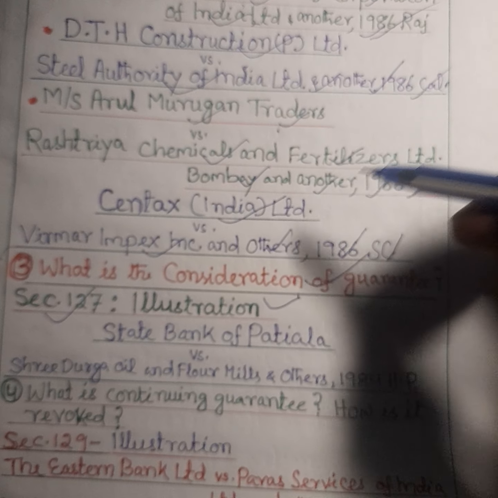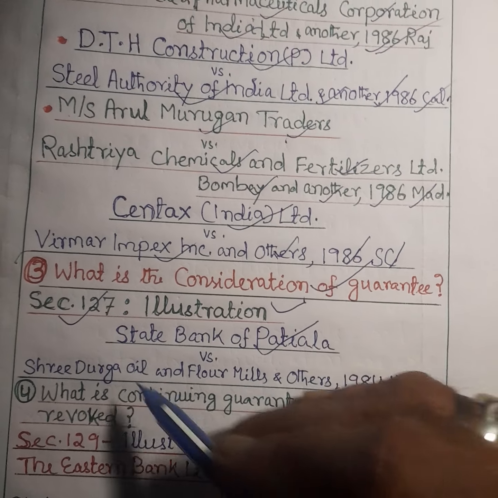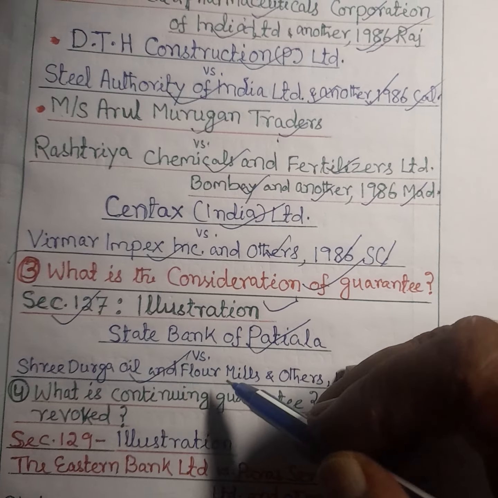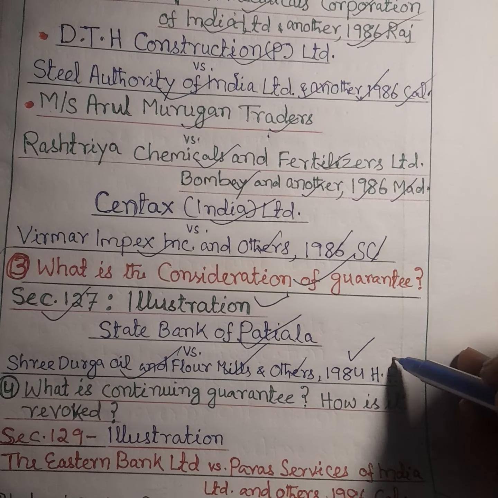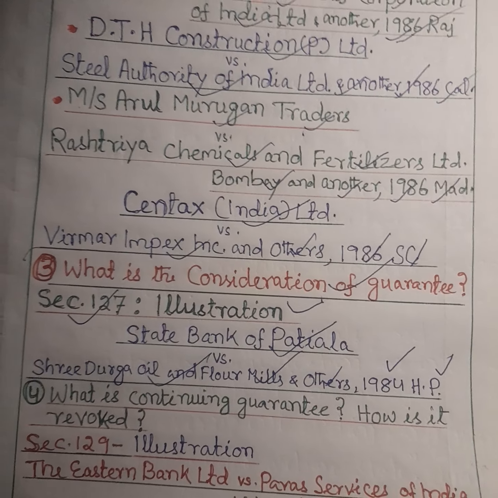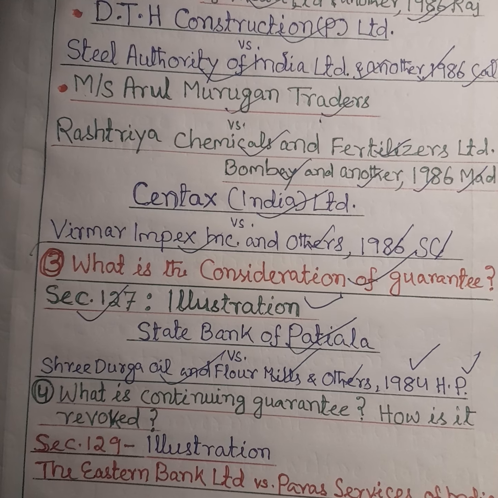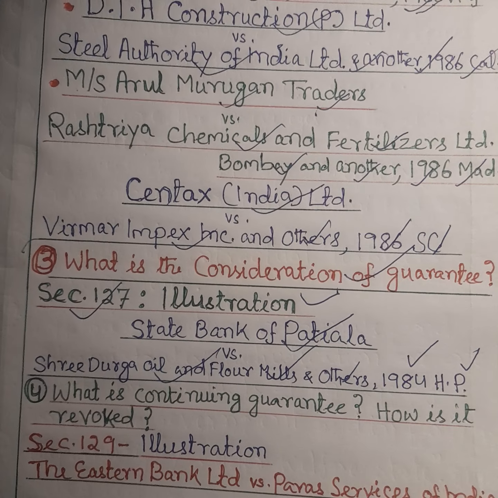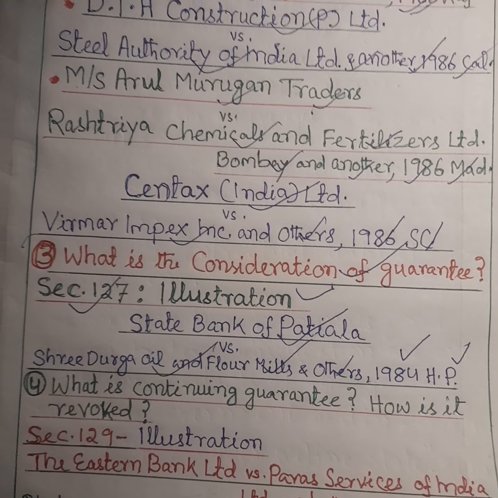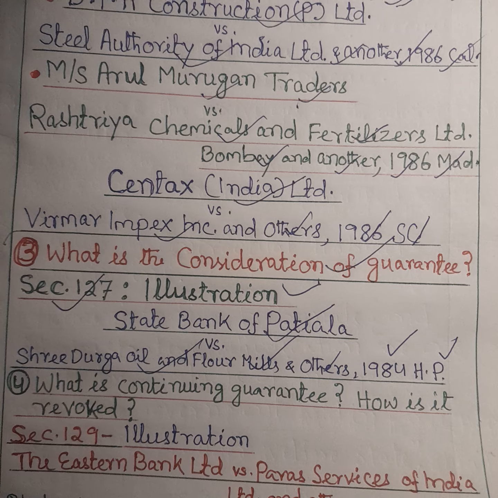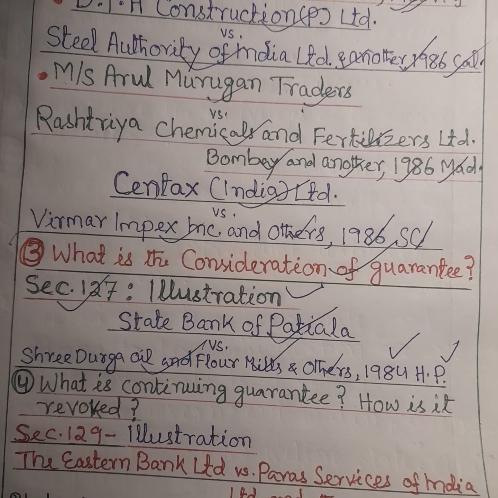So, in relating to consideration of guarantee, we will discuss the leading case State Bank of Patiala versus Sri Durga Oil and Flour Mills and others in 1984 as decided by the Himachal Pradesh High Court, where the principal debtor acknowledged his liability by executing revival later when the guarantor was existing as guarantor.